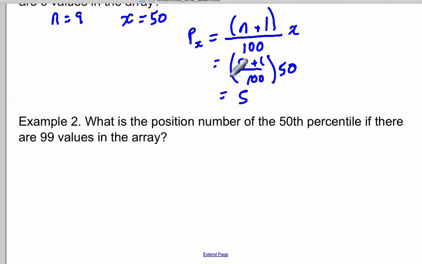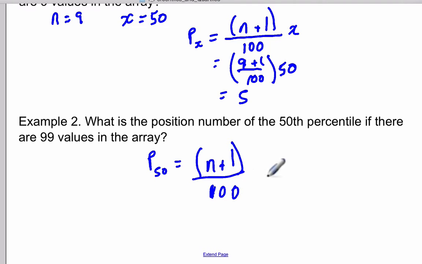By the same token, if we want to know the position of the 50th percentile for an array with 99 values, well, N plus 1 over 100 times X, and I should actually use the formula, so I'm going to use X here. So this is equal to 99 plus 1 all over 100 times 50.